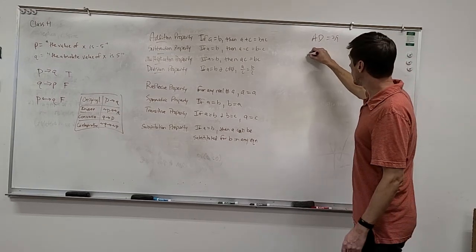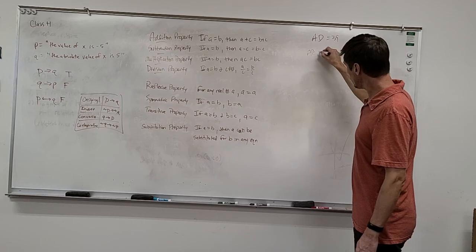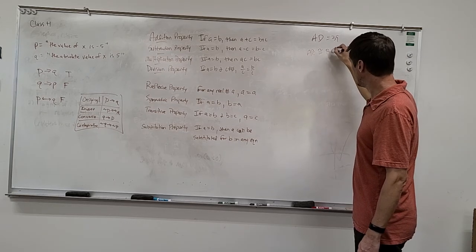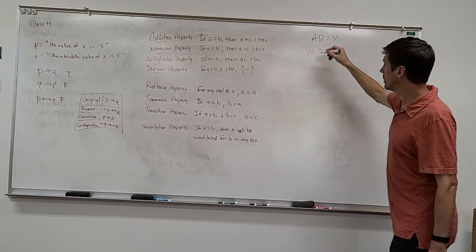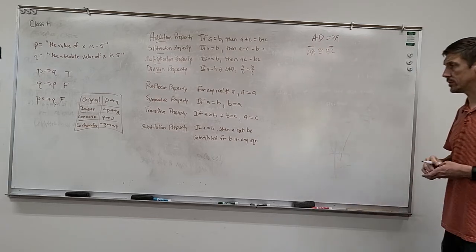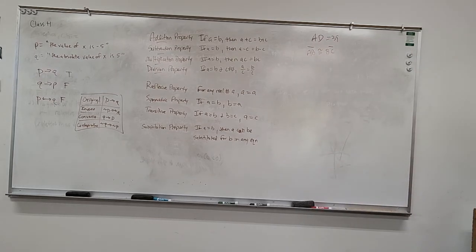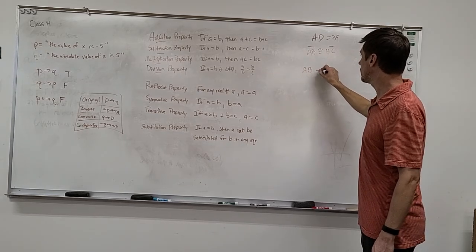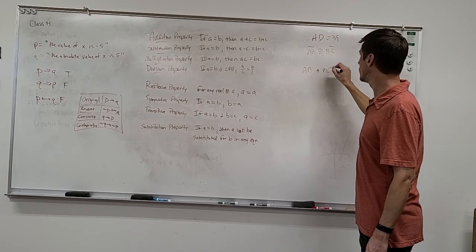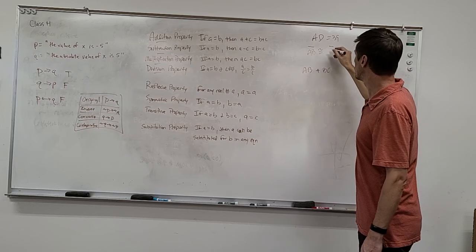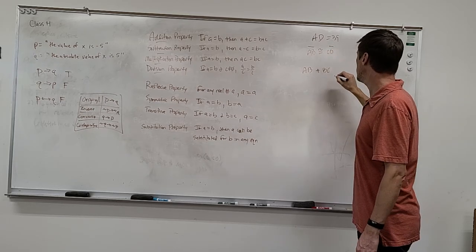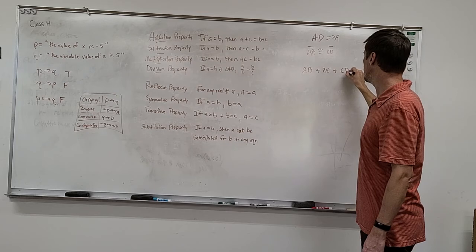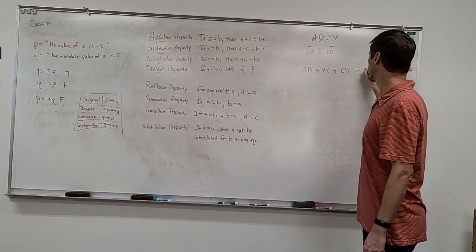You remember that one, we had AB, I said was congruent with BC, and so then when I put that into an equation, I was saying the length AB plus BC plus CD, all of that equals 39.